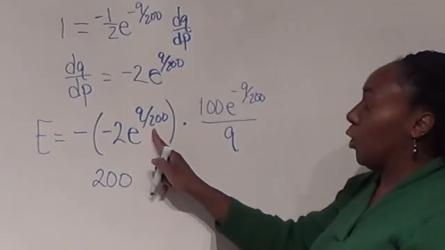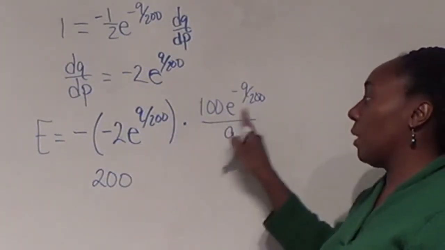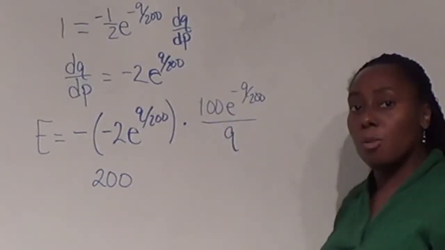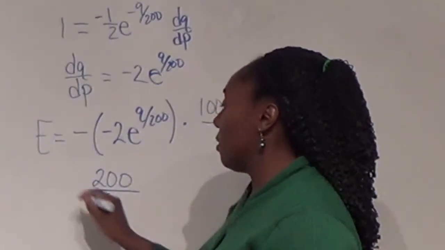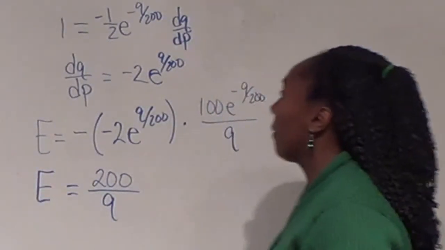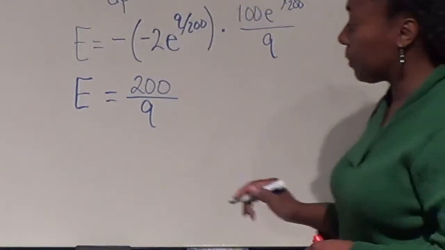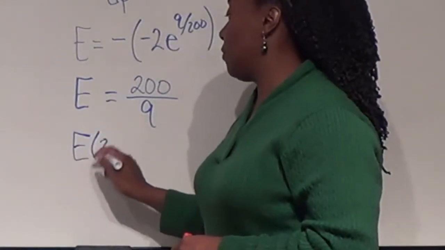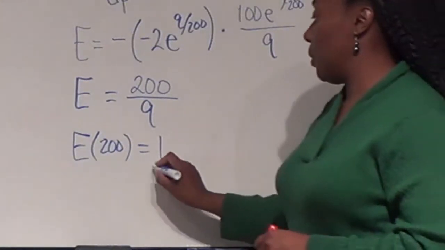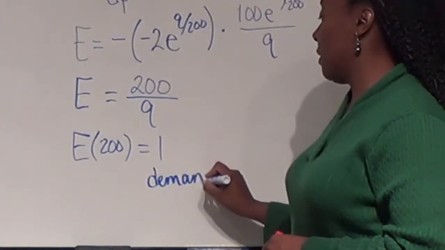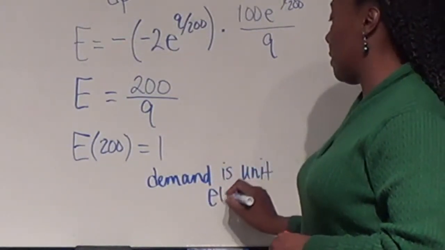The e to the Q over 200 times e to the negative Q over 200: remember, when you multiply like bases, you add the exponents, so those go to 0. So that term goes away, and we're left with a Q in the denominator. So for this one, E at 200 happens to be 1. So here we would say demand is unit elastic.